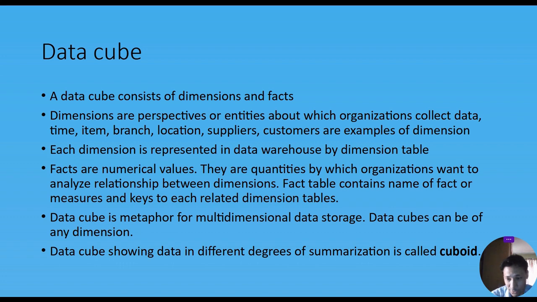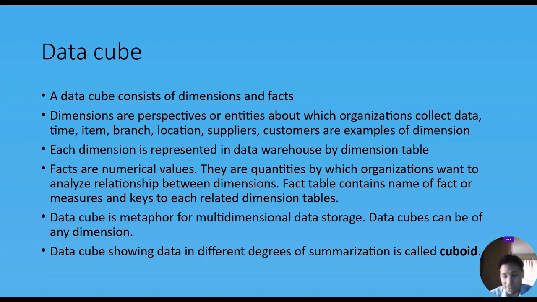So facts are numerical values that are summarized using different dimensions. And this data cube will contain data about dimensions that are entities or subjects about which data miners want to analyze the data. Customer, product, supplier, brand, location, etc. are dimensions.